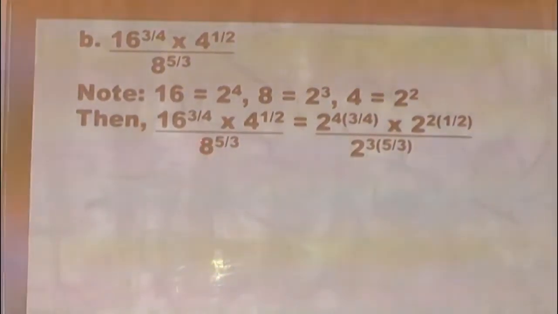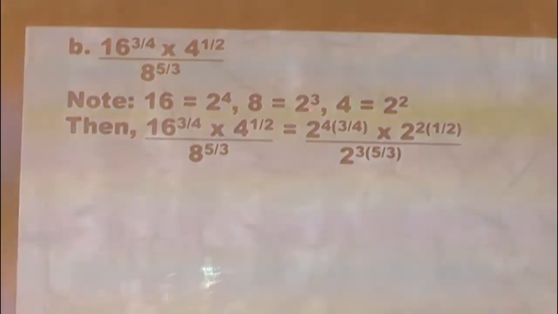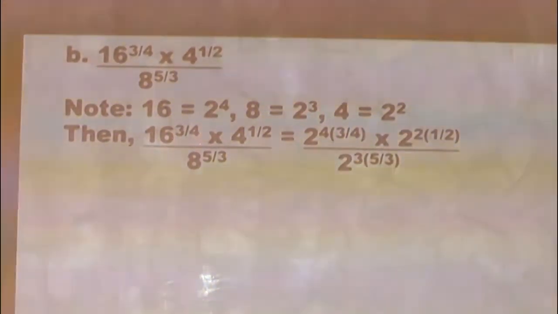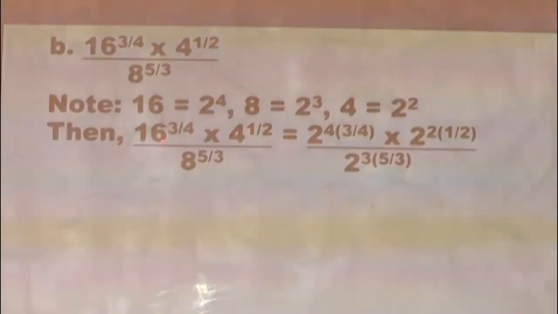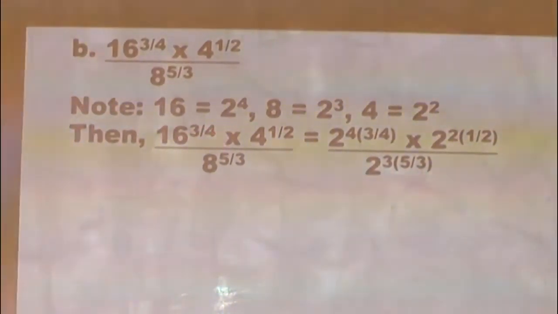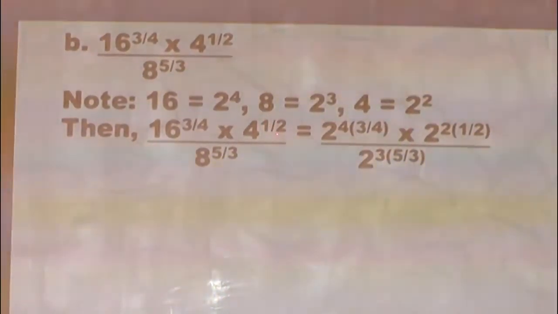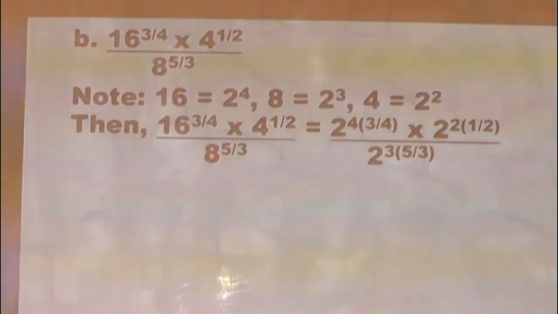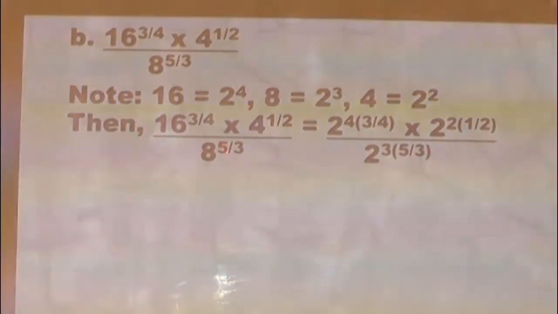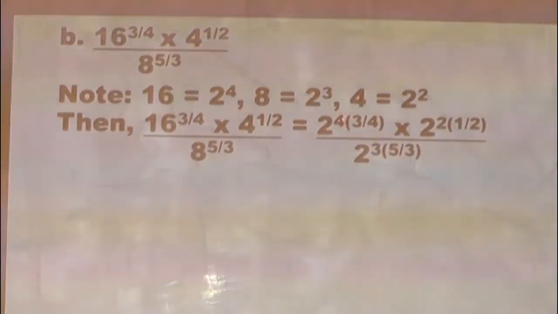You remove this 8 from this expression and put 2 raised to the power of 3. Therefore, this expression where we have 16 raised to the power of 3 over 4 times 4 raised to the power of 1 over 2, everything over 8 raised to the power of 5 over 3 will now be 2 raised to the power of 4.